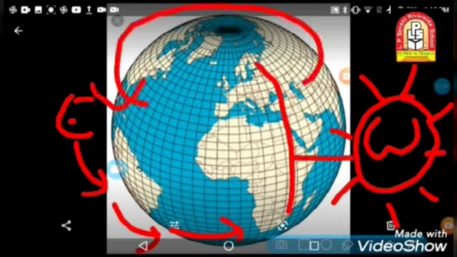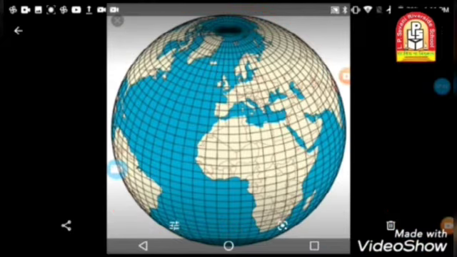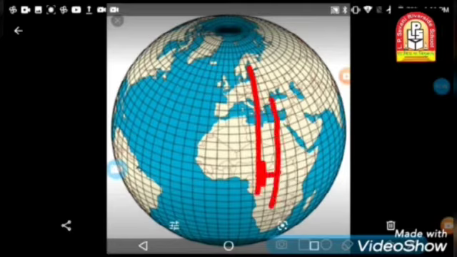So, while it is rotating, what will happen? It will have a difference of 4 minutes. As I told you, when one longitude moves to the second longitude, it takes 4 minutes, right?